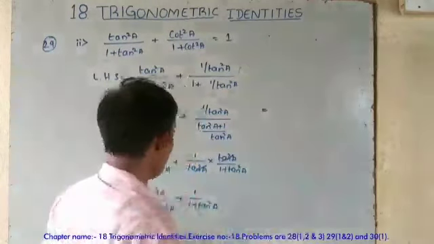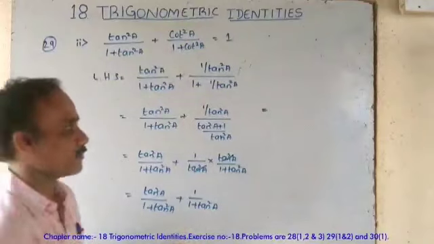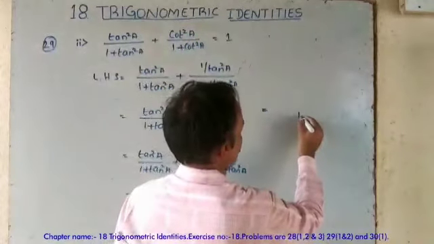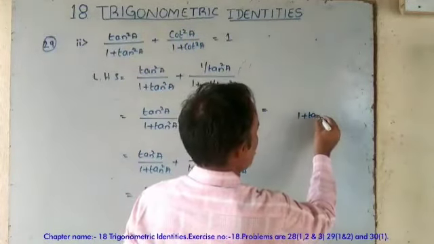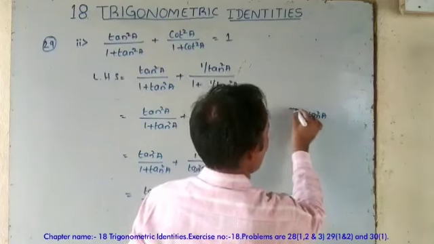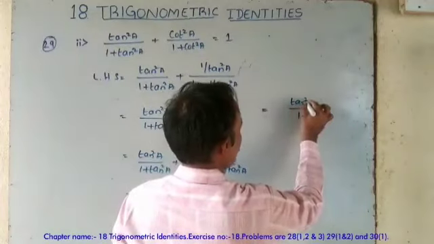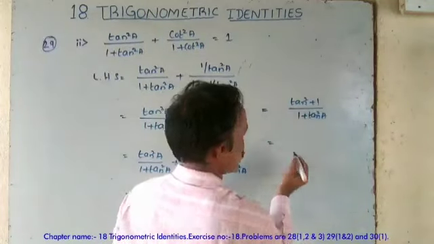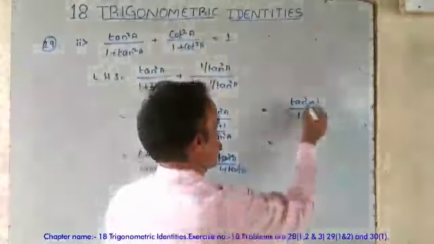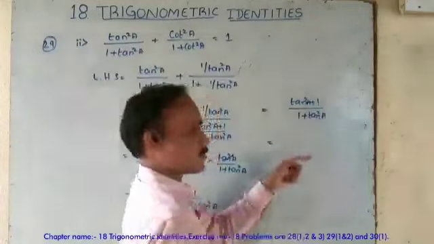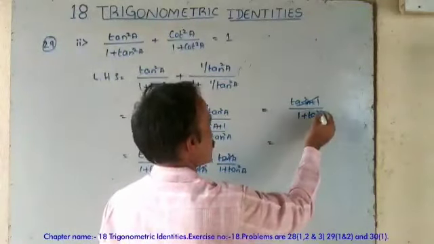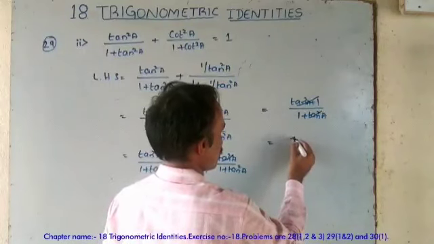So this is equal to, as 1 plus tan square A is the LCM, and here tan square A plus 1, so this is equal to tan square A plus 1 over 1 plus tan square A, both are the same, gets cancelled. So the final answer is 1.